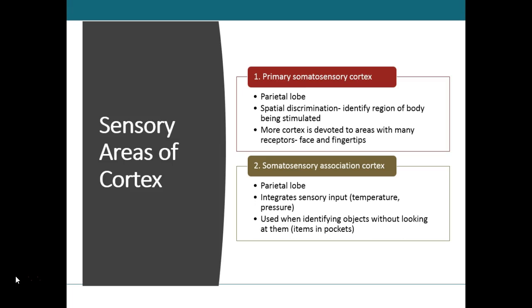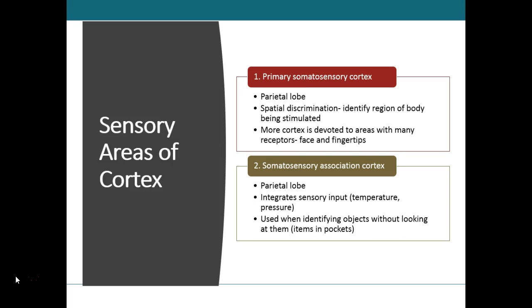The somatosensory association area integrates sensory input. Now remember, primary somatosensory is going to bring information in. It helps us to feel things, to sense things. The association area helps us to determine what that sensory input is. Is it hot?